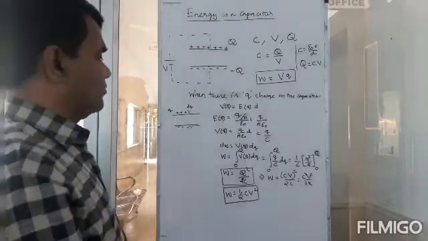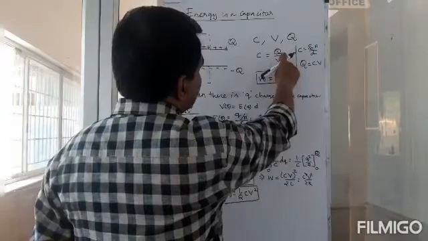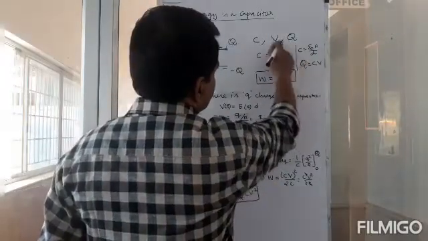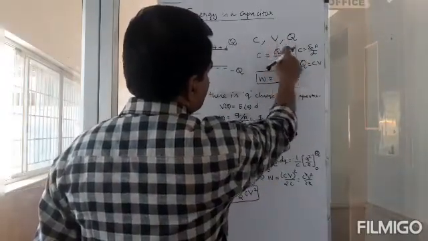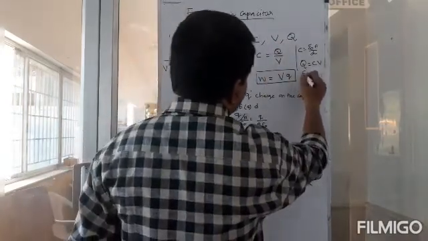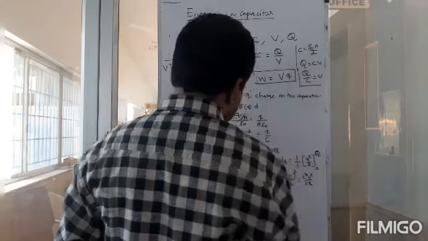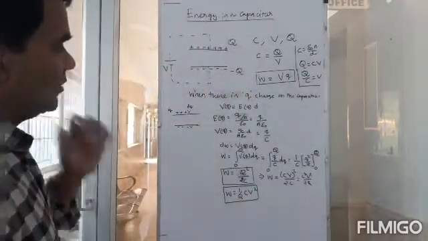Now what else can you do? Well, I can say that Q by C is actually equal to V. So if I put it here, then what would I get?